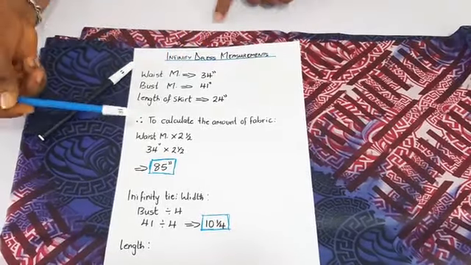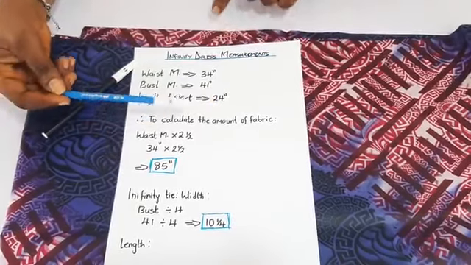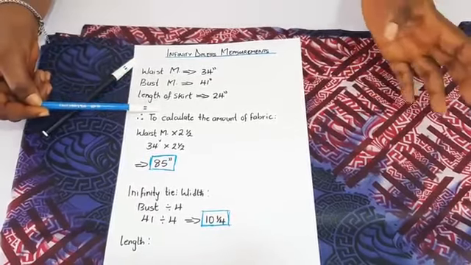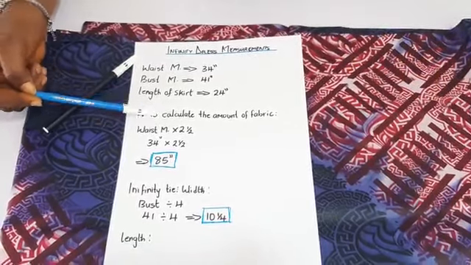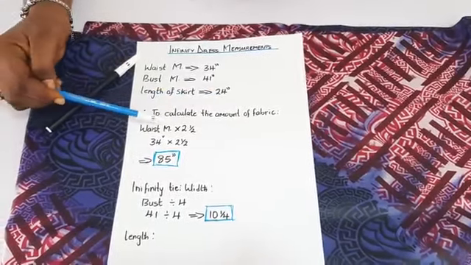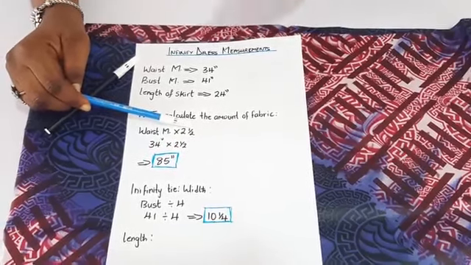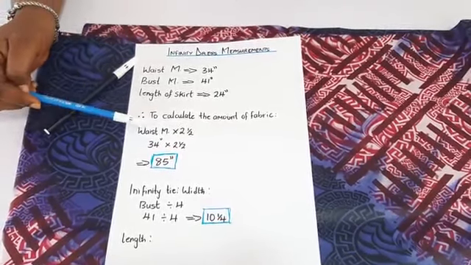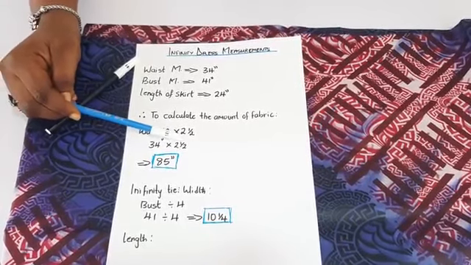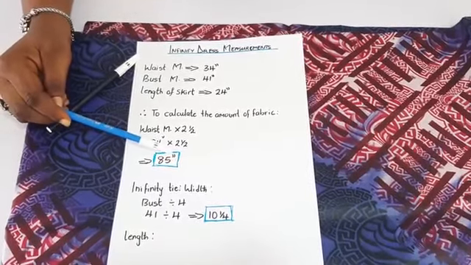So now, going over to how to calculate the amount of fabric needed, because remember, the lower part is the skirt and the upper part is the infinity tie. So how to calculate the amount of fabric for the skirt now? You will need your waist measurement times 2.5. That's the minimum you could do, though it depends on the fabric available. So now our waist measurement is 34 inches times 2.5, which sums to 85 inches.